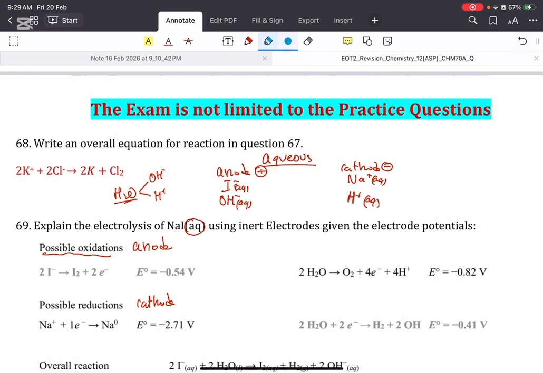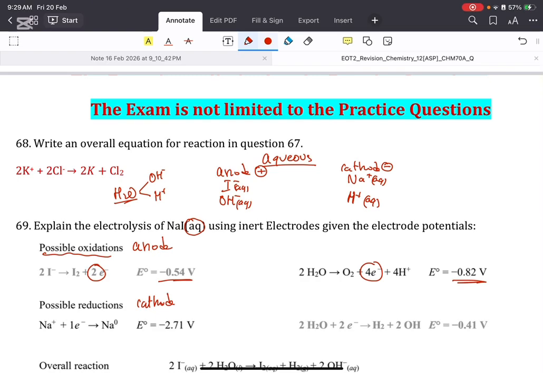But in this question, they want the answer in a different way. So we look at the electrode potentials. Now note here that both of them are represented as oxidation. So fine, we're going to compare them as they are.